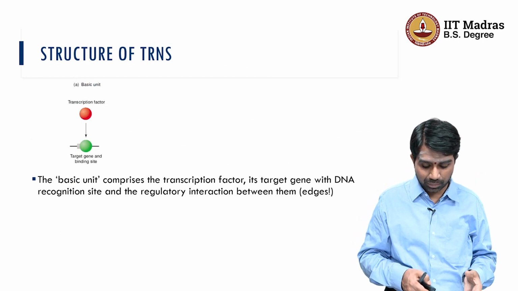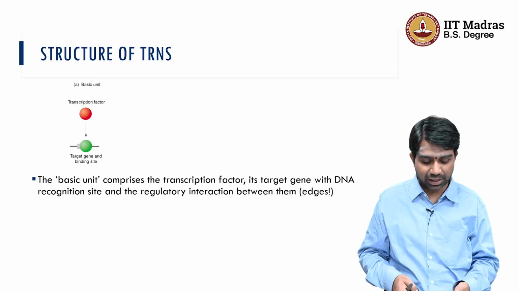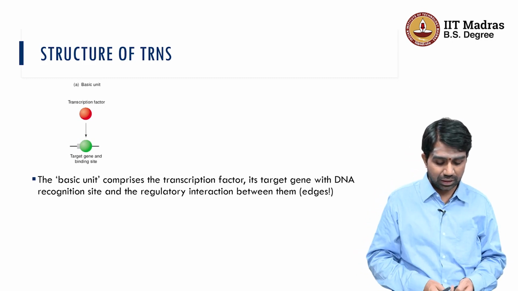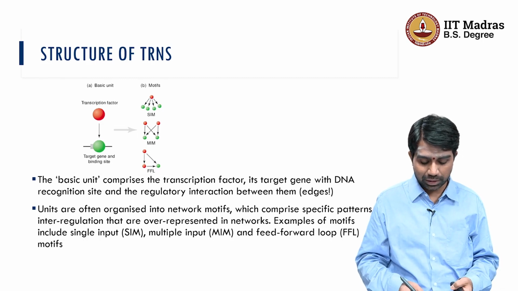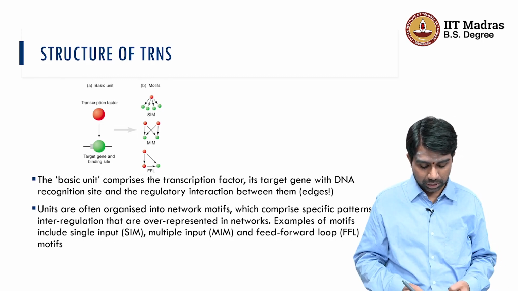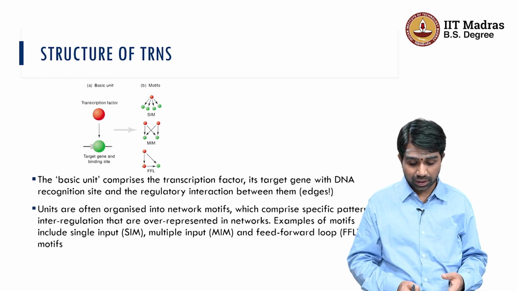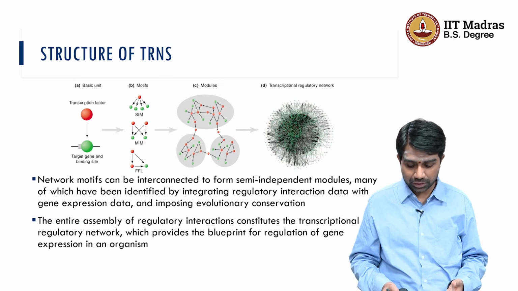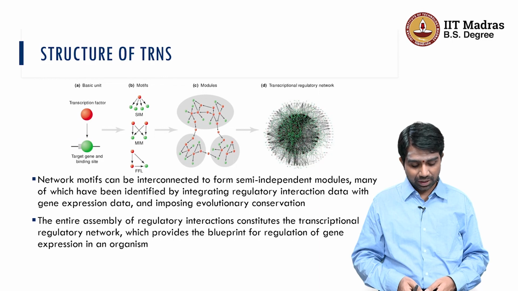So here you go. The basic unit comprises the transcription factor and its target gene. So these are basically just the edges, right? So you have a TF and a TG. So you have a feed forward loop, multiple input, single input, and so on. Various kinds of motifs which are organized into complex modules in this fashion, ultimately into a real complex transcriptional regulatory network.